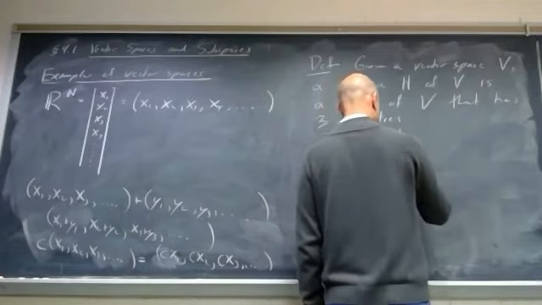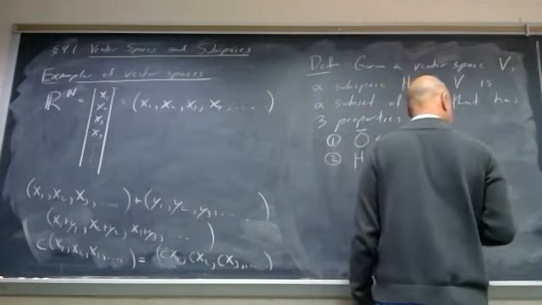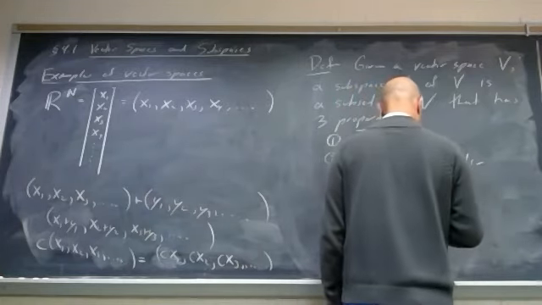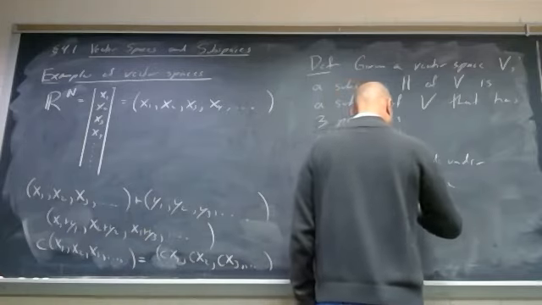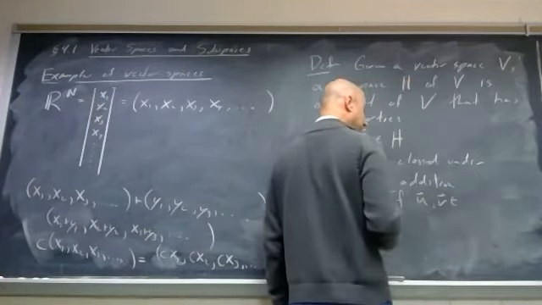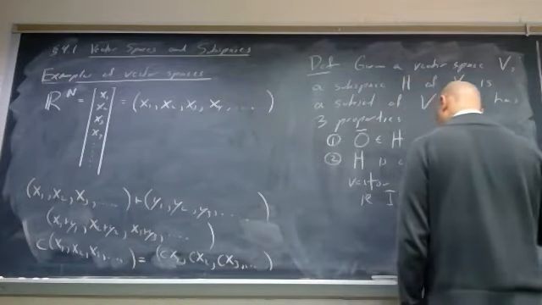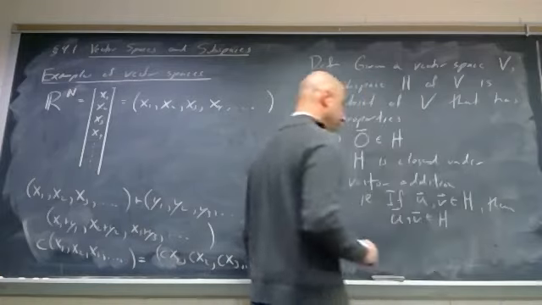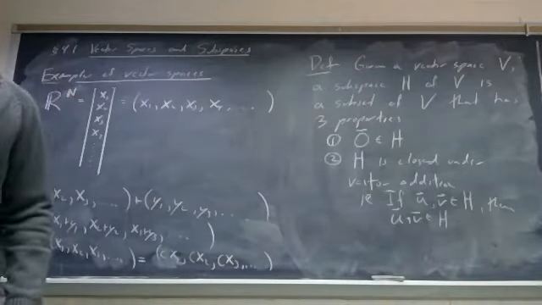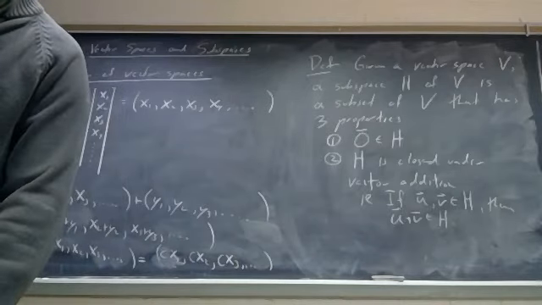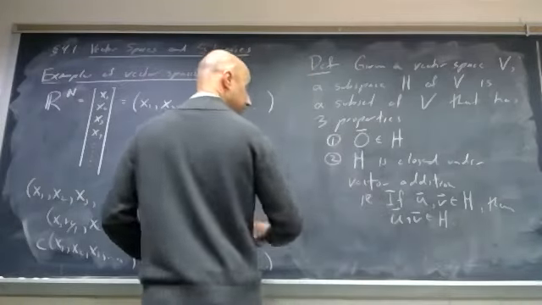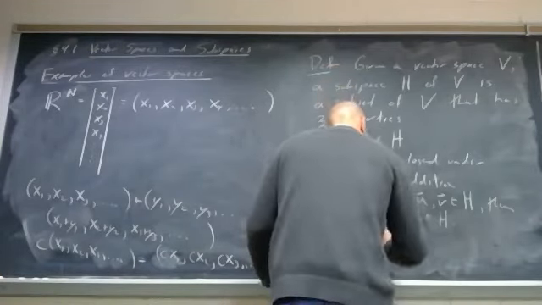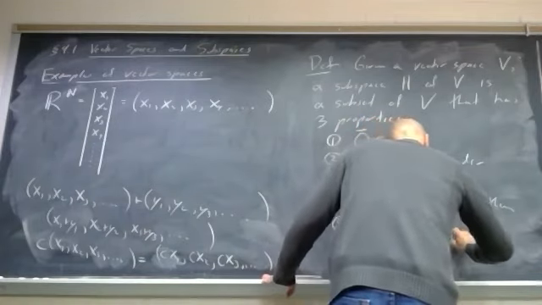H must be closed under vector addition. In other words, if U and V are two of the vectors that you choose out of V to be in H, then U plus V must also be in H. And last, H must be closed under scalar multiplication.